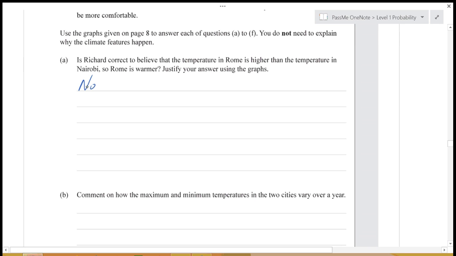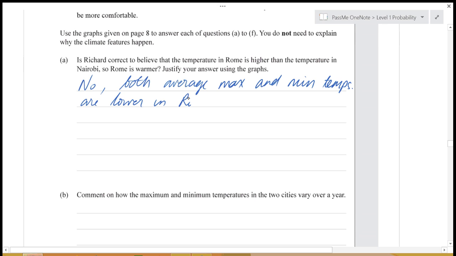So, no, both the average max and min temperatures are lower in Rome for around half of the year. Okay, so that's a pretty simple one to go through.